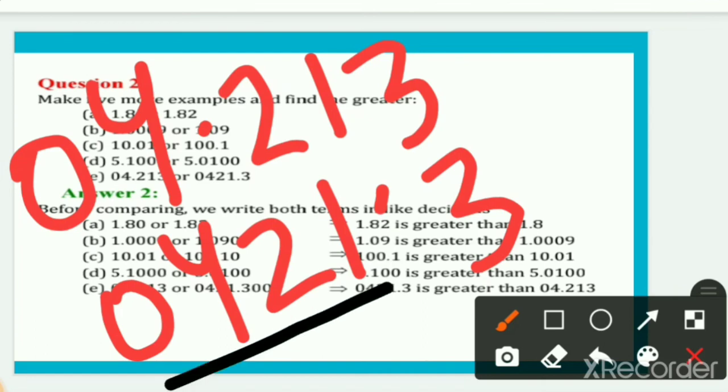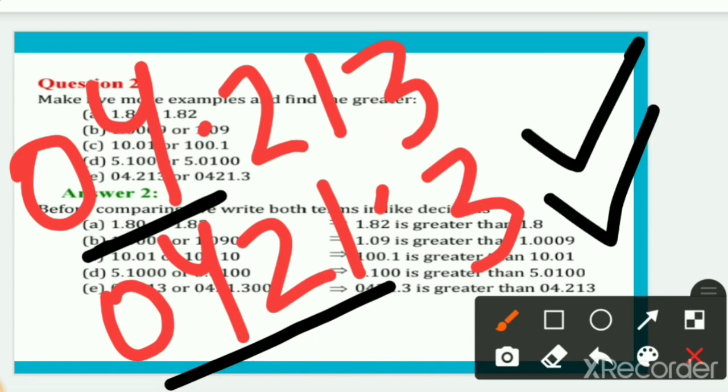We have 421.3, and this is 4.213. So which number is greater? This number is greater. 421.3 is greater than 4.213.